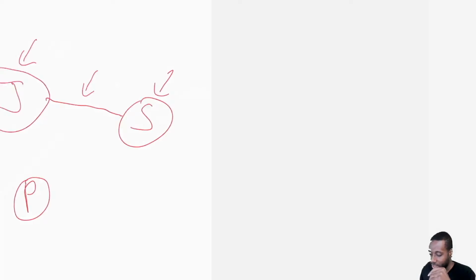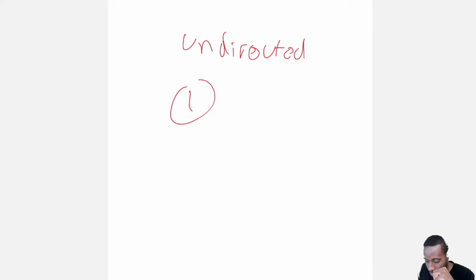Let's start talking about the different types of graphs. The first one we're going to cover is the undirected graph. In an undirected graph, the edges are bidirectional. I'm going to show you an example real quick.